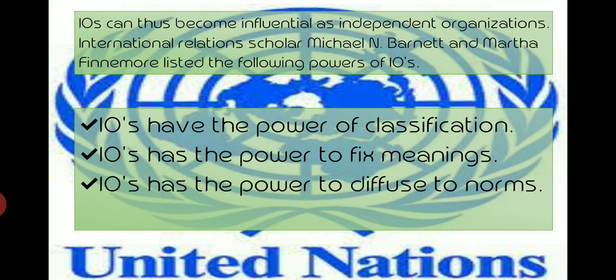So, to get back to our topic, these are the following powers of international organizations. IOs or the international organizations have the power of classification. So, why do we say that they have the power of classification? Because they have the skills to invent and apply categories. They also have the skills to create powerful global standards.